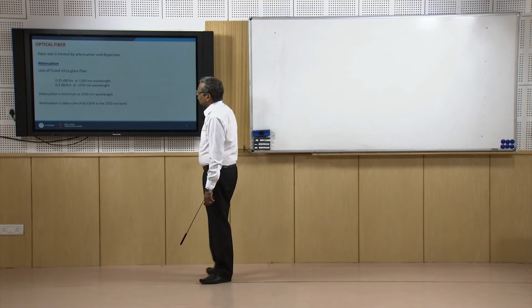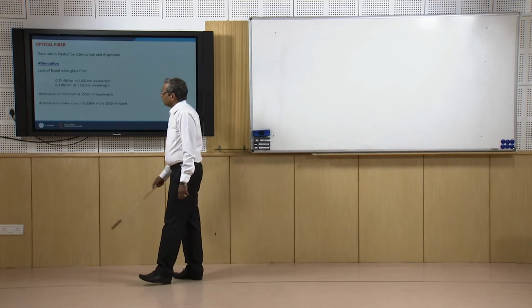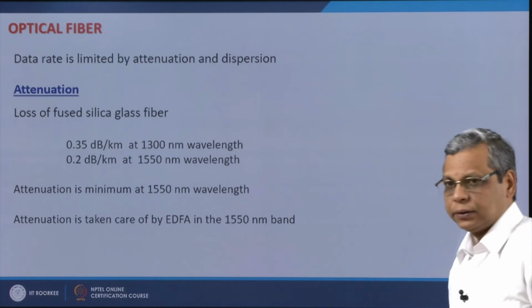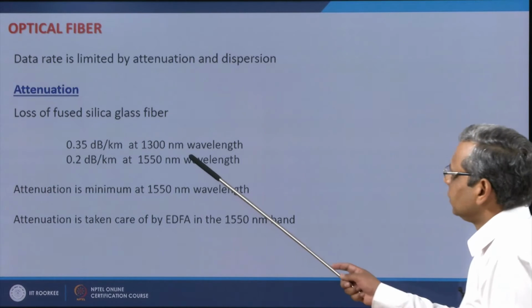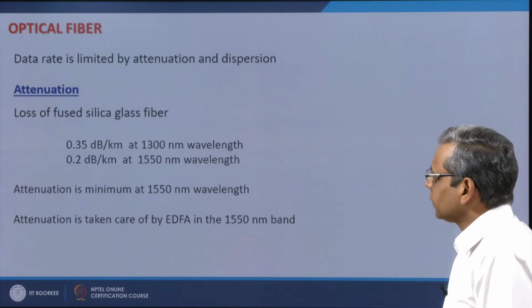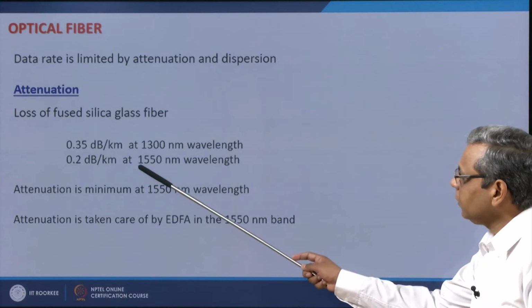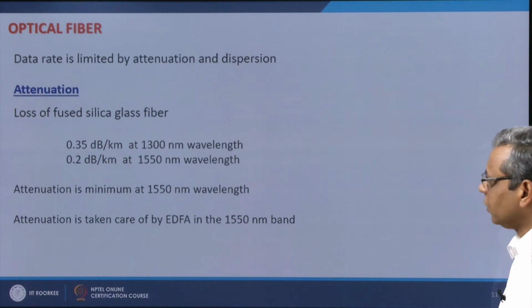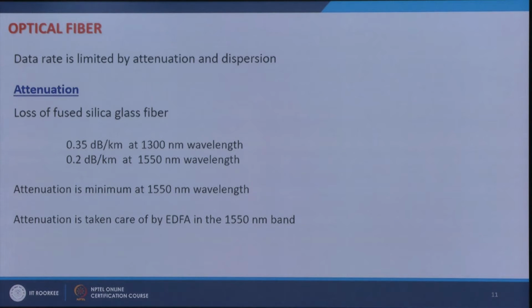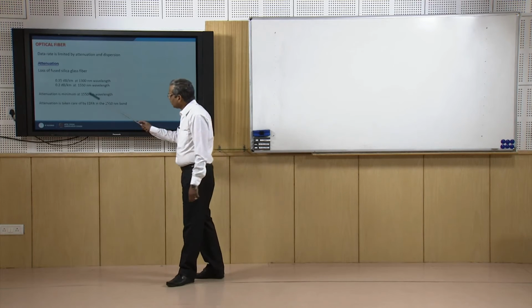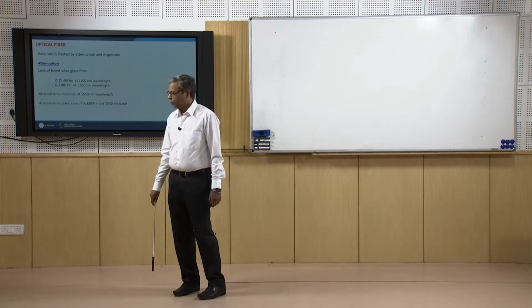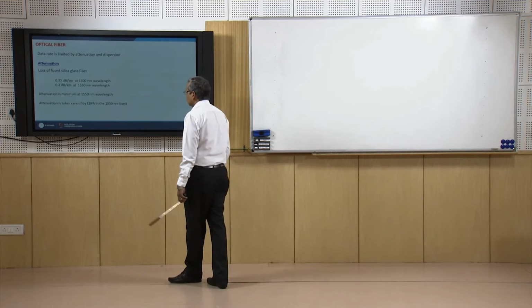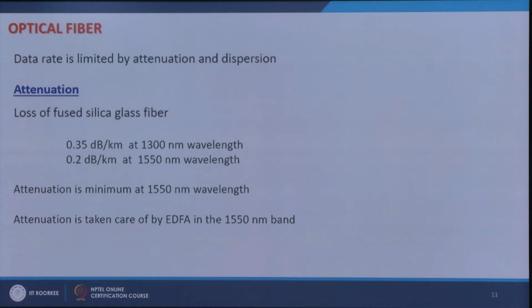If I look at attenuation, then the loss of fused silica glass fiber which is used in telecom systems is about 0.3 dB per kilometer at 1300 nanometer wavelength and about 0.2 dB per kilometer at 1550 nanometer wavelength, and attenuation is minimum at 1550 nanometer wavelength. But you can take care of this if you employ EDFA, which is erbium doped fiber amplifier, which amplifies signal in the 1550 nanometer band.